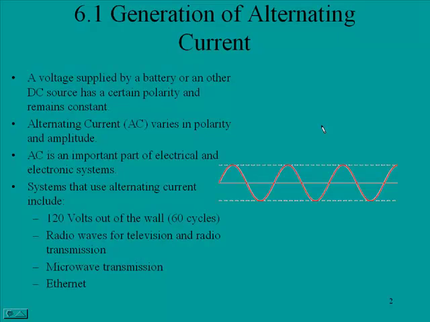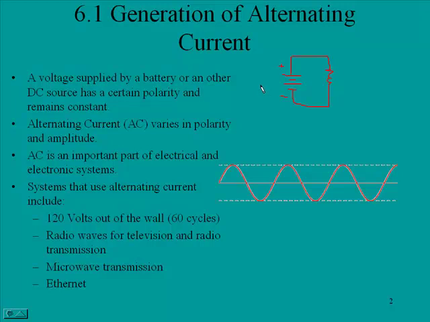Generation of alternating current. A voltage supplied by a battery or another DC source has a certain polarity and remains constant. We looked at that in our discussion of DC. We looked at a battery connected to something, and we saw that it had a positive polarity and a negative polarity, and it remained constant.